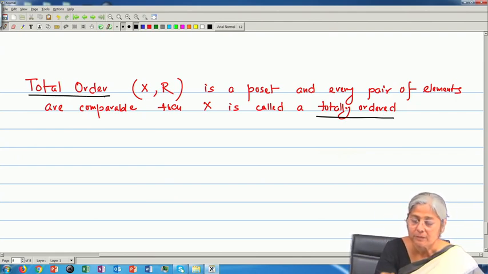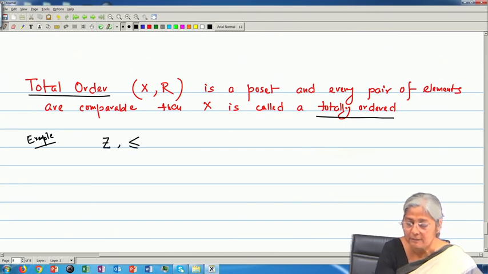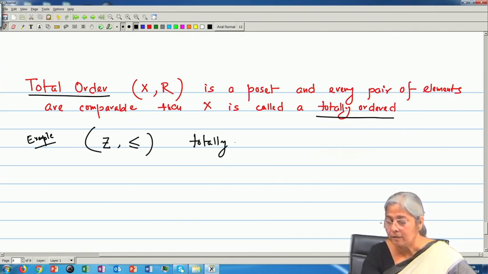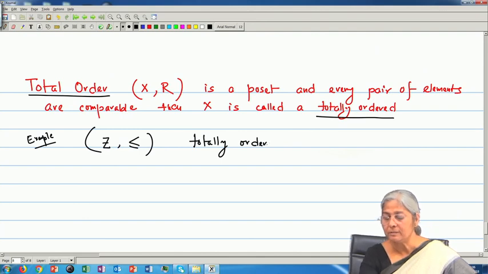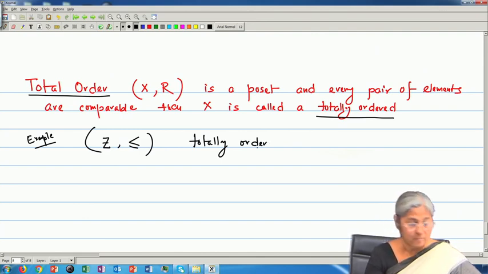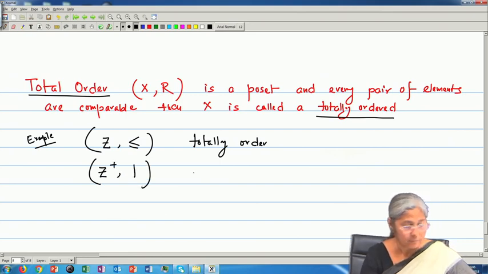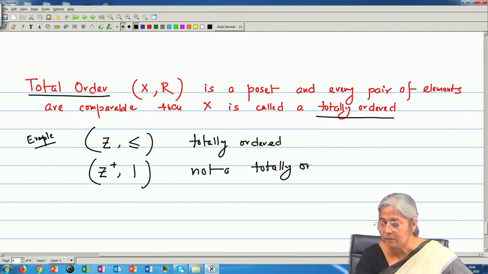Just now we have seen that the set of integers Z with less than equal to is a totally ordered set, because if I consider any two elements in the set, they are comparable. But if I consider positive integers Z plus and division, then it is not a totally ordered set.